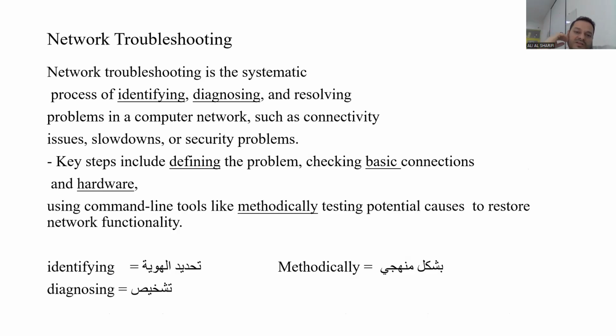Network troubleshooting is the systematic process of identifying, diagnosing, and resolving problems in a customer network, such as connectivity issues and slowdowns. Slowdowns belong to the threat side, a security problem.